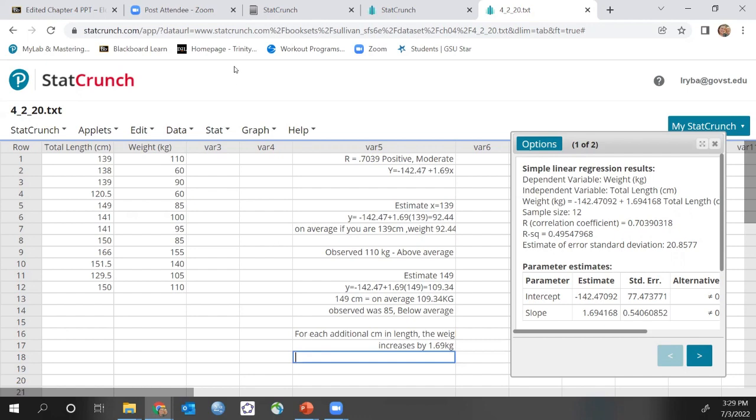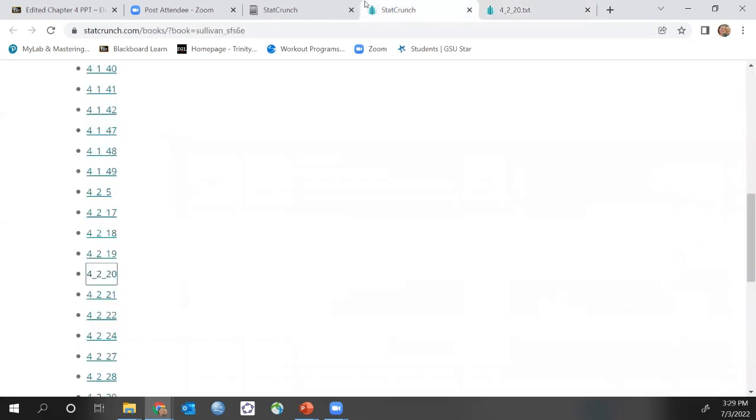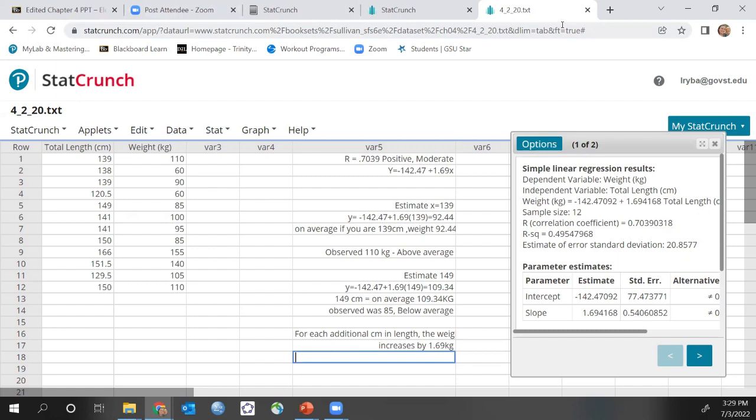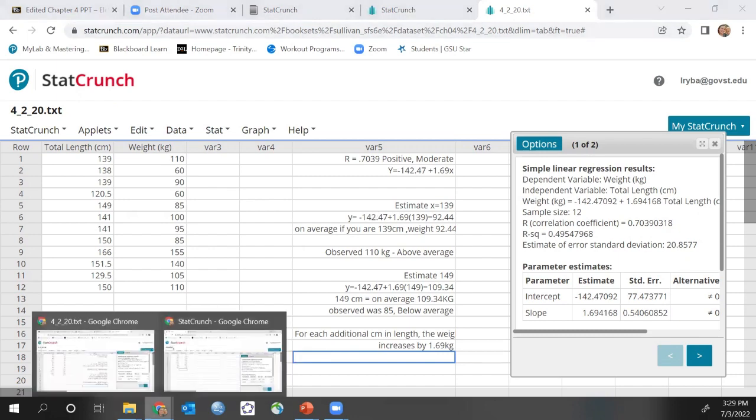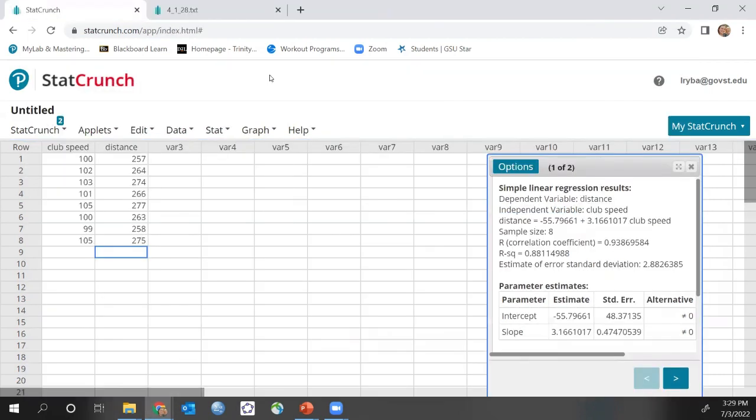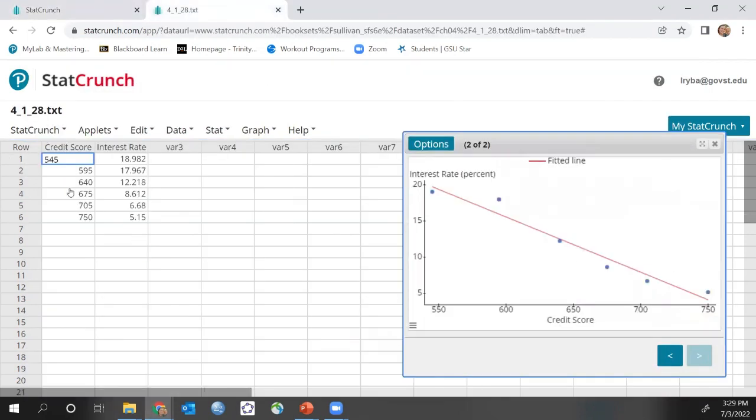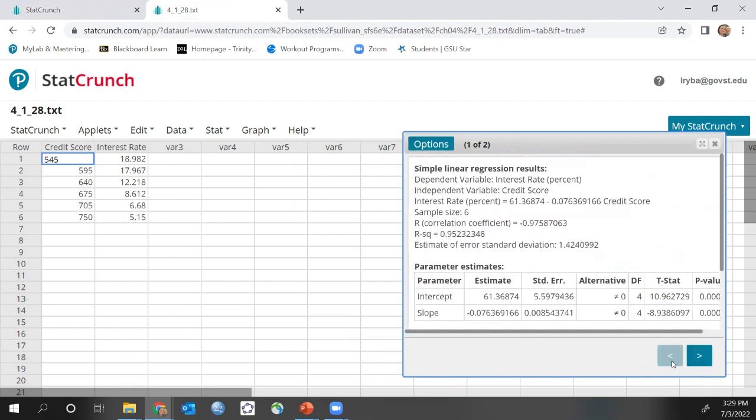Let's see, we have another one here. We had credit score and interest rate. Slope was negative.